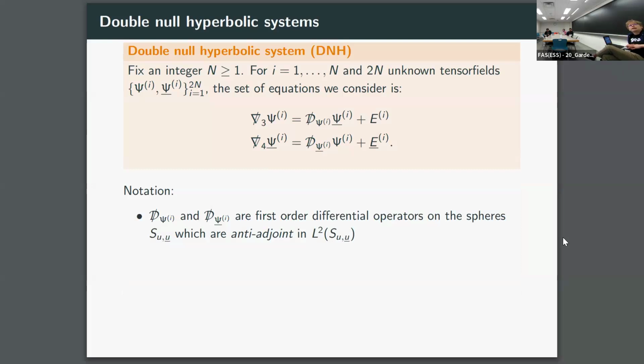And the psi bars are going to be required to satisfy an outgoing nabla4 transport equation. And the crucial part here is this first bullet point, where the principal parts of the right-hand side that I've denoted d slash with psi or psi bars are going to be first-order differential operators on the spheres, which are anti-adjoint in L2.